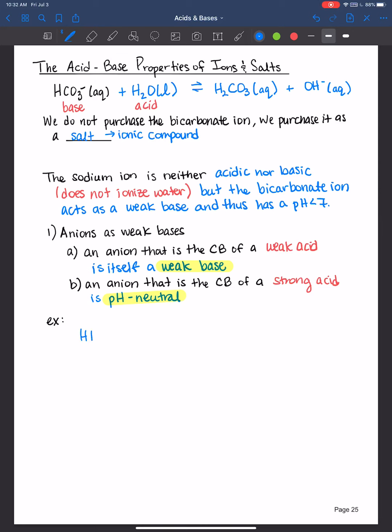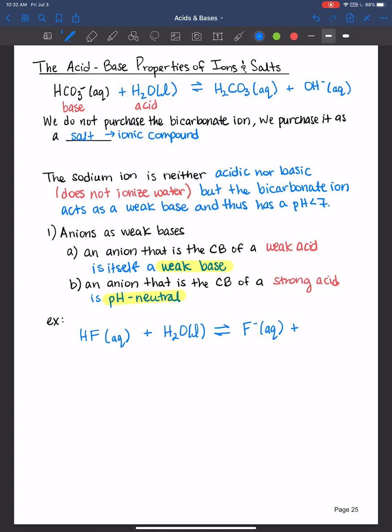So we know that hydrofluoric acid is a weak acid. We've discussed how that strong bond, even though fluorine is so electronegative, doesn't really want to let go of that proton. So it's in equilibrium. The conjugate base of hydrofluoric acid is fluoride after it's lost its proton.